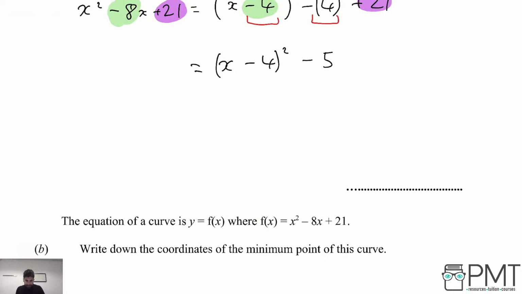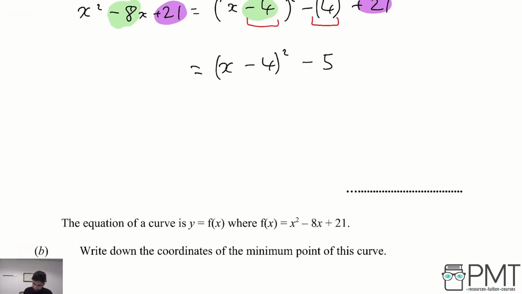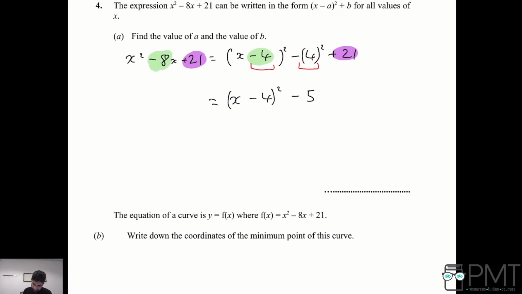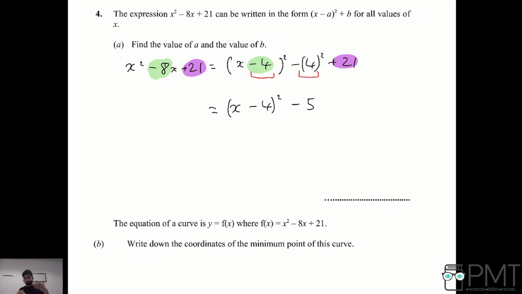I'm just checking this is the same as what we did at the first part. In almost all cases, the second part follows on from the first part, so it's exactly the same. I don't expect it to be a different curve, but I'm just checking that this one is exactly the same as that one.